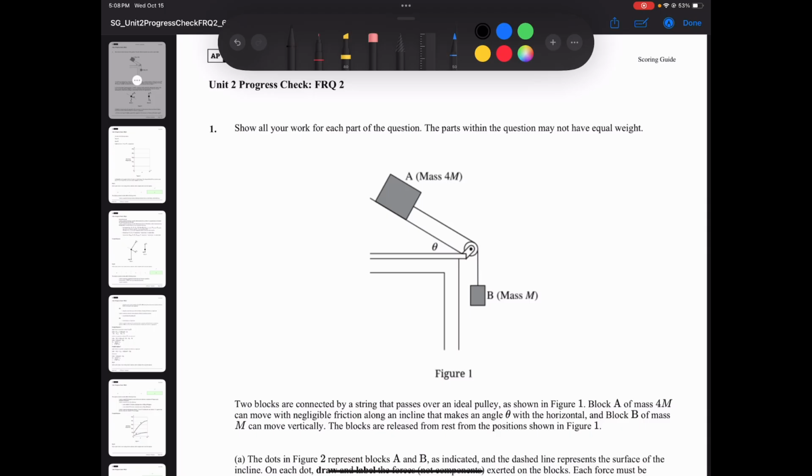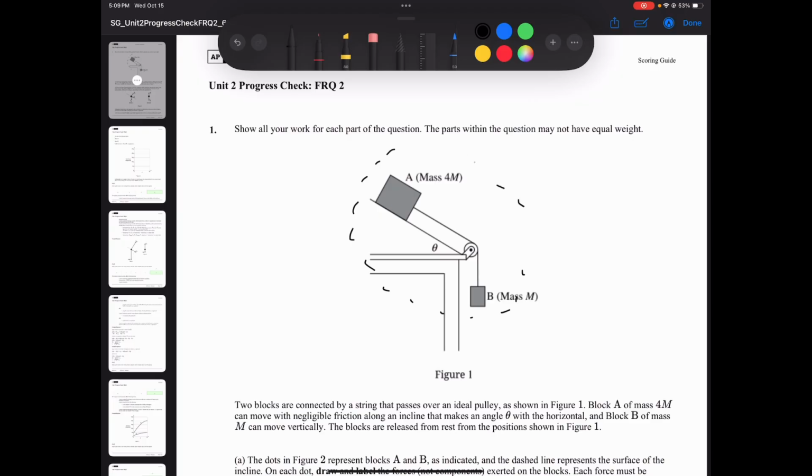So we're going to look at this entire system. The only external forces acting on the system are the force of gravity acting on MA and the force of gravity acting on MB. So MBg and MAg. Now, in terms of the direction of the acceleration of the system, MAg is going to be acting at an angle.